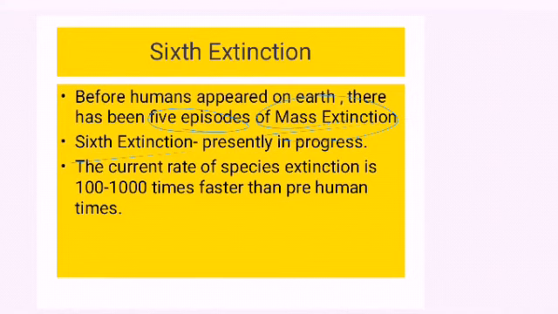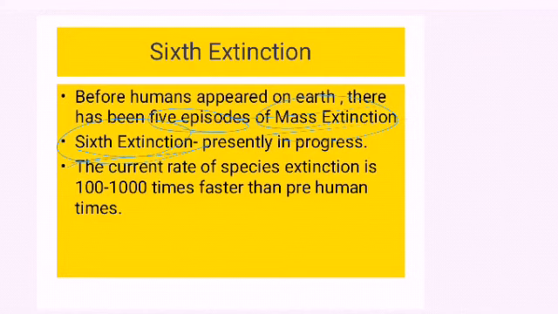Humans are the major ones responsible for the extinction of species, because we are disturbing the environment in such a way that the climatic conditions are changing, because of which the extinction rate has become higher. How is it different from the rest of the episodes?